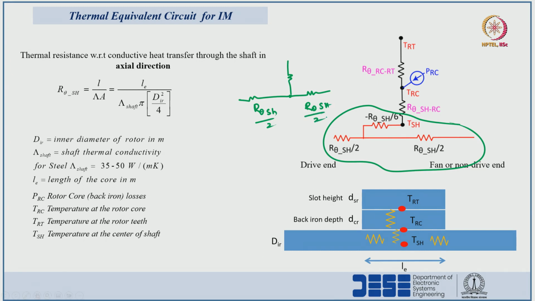Since I am assuming a heat generating source at the center point, I am representing the T type of network here in red color. If there is no heat generating source at the midpoint of the shaft, we can directly represent the thermal network in this fashion, and this node is the rotor core and this node is the midpoint of the shaft.